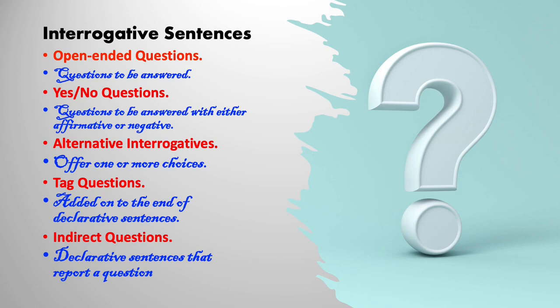Yes or no questions are questions to be answered with either affirmative or negative. Alternative interrogatives offer one or more choices. Tag questions are added on to the end of declarative sentences, and indirect questions are declarative sentences that report a question.